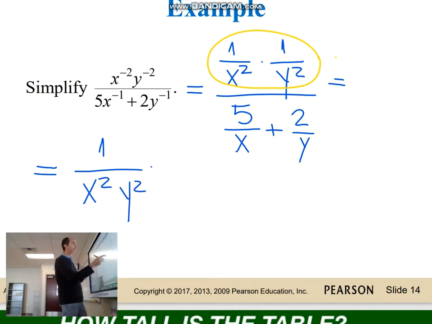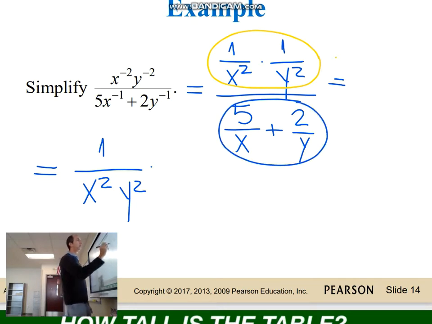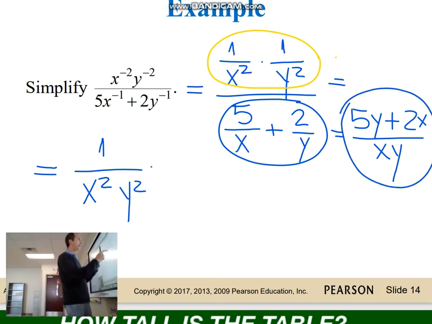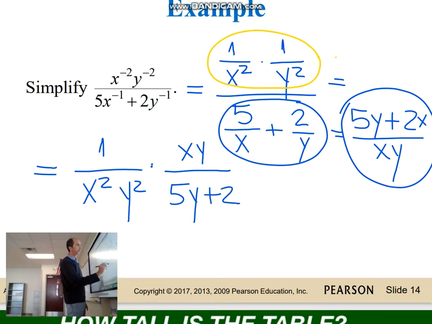For the denominator, we can put together these fractions. This is going to be equal to 5y plus 2x over xy, right? If we add those two fractions, then instead of division, we can transform into multiplication. Multiply by the flip, xy over 5y plus 2x.